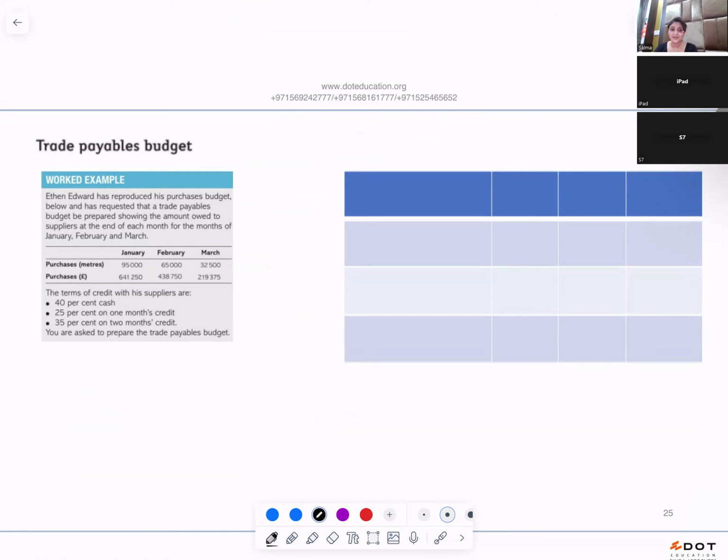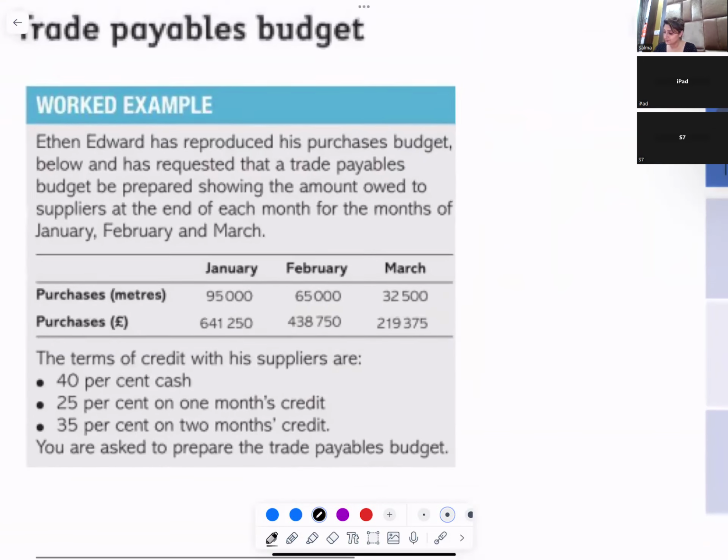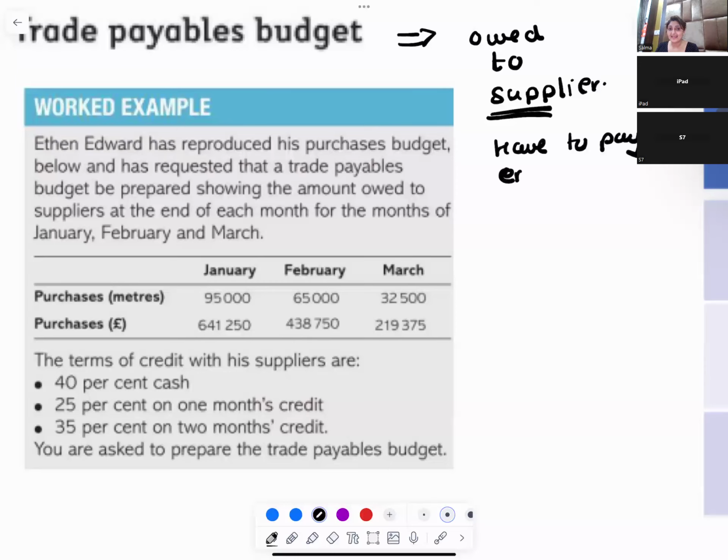What will the trade payable budget show you? You will get your balance brought down from the previous month. It will show you the amount that you owe to suppliers, the amount you have to pay at the end of each month.